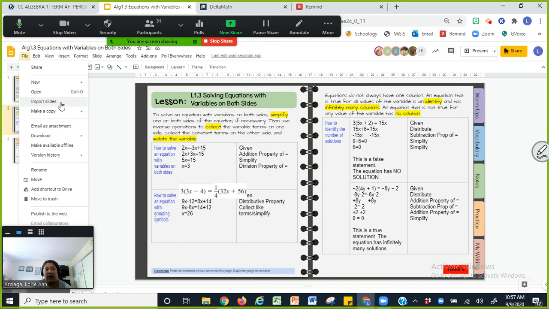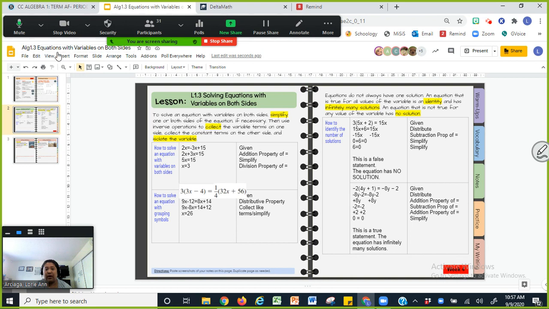So once you have this new one in your drive, you can import and just follow the instructions that show on the screen, and then you'll be able to add these to your digital notebook. If you don't know how to do that, as long as you make a copy of this, okay, that's fine. We can just combine them later on.